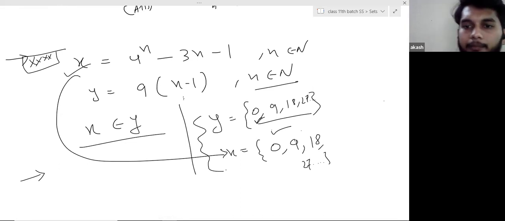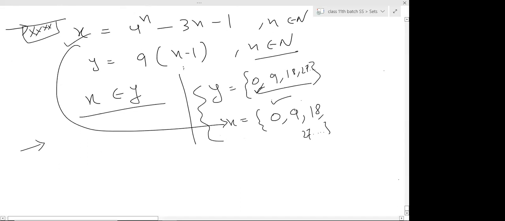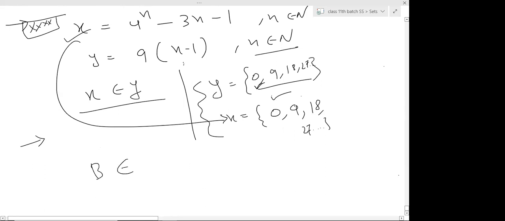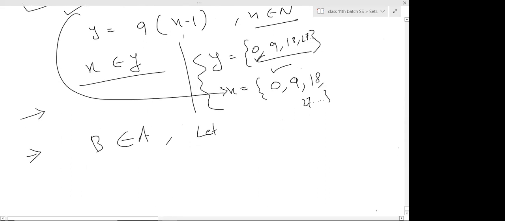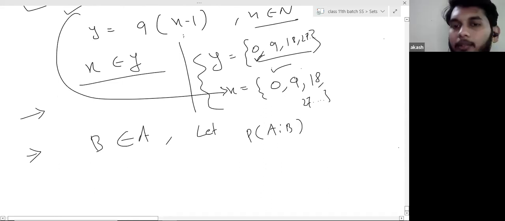The second doubt. Let B be a subset of A, and let P bracket A colon B, power set of... Are you sure this is the symbol they have put? Yes, sir.